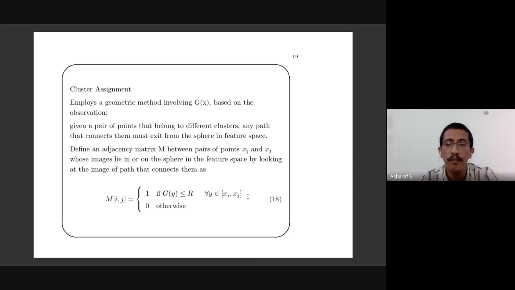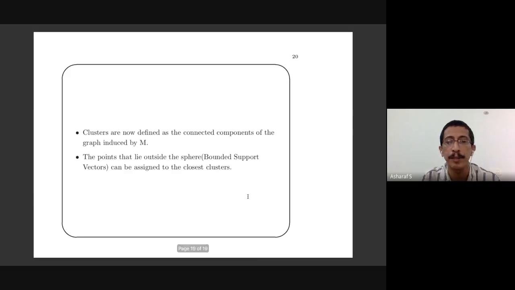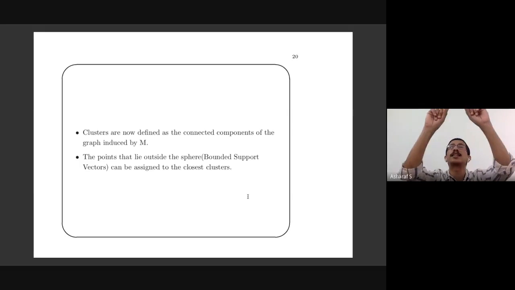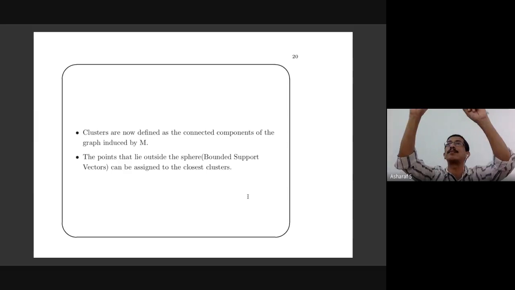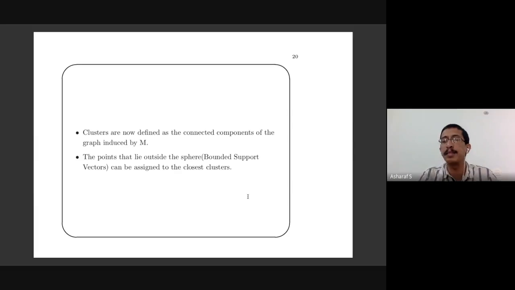So once you have such an adjacency matrix, the problem reduces to clusters that are now defined as the connected components of the graph induced by M. If we represent M in a graphical form, ij is connected, jk is connected, but kl is not connected. So ijk forms a cluster, right? So clusters can be easily identified by a connected component analysis of the adjacency matrix representing the graph in this context.